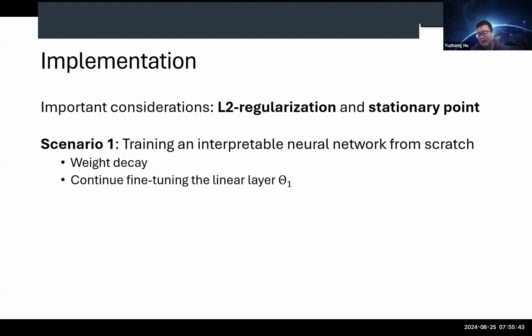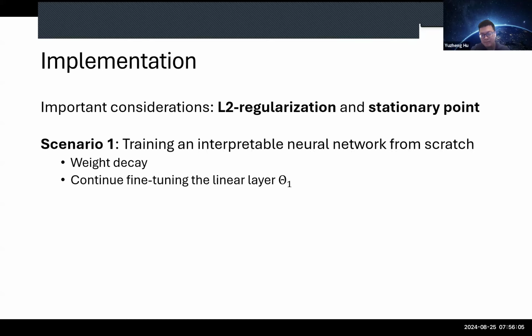This is not hard to prove: when you explicitly write down the gradient of the L2 regularization in the objective function, you can see that it is equivalent to performing weight decay. And weight decay is already incorporated in standard deep learning optimization libraries. So this problem is resolved.